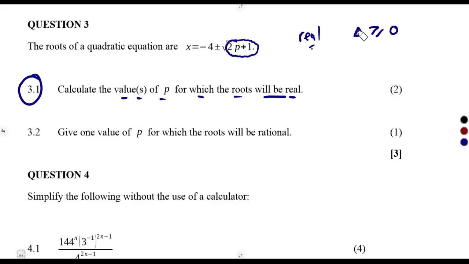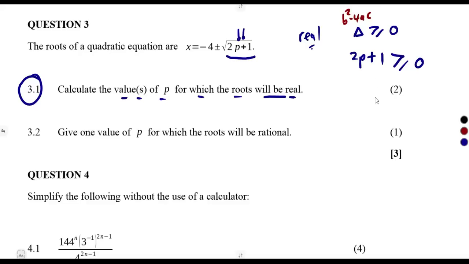So remember the delta, guys, b squared minus 4ac. Isn't it the part under the square root? So you already have it here, 2p plus 1. That's our delta under the square root. So this 2p plus 1 must be greater than or equal to 0.